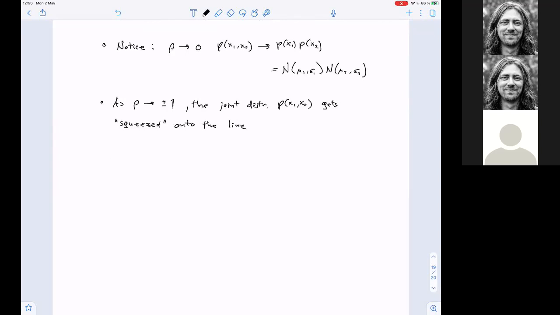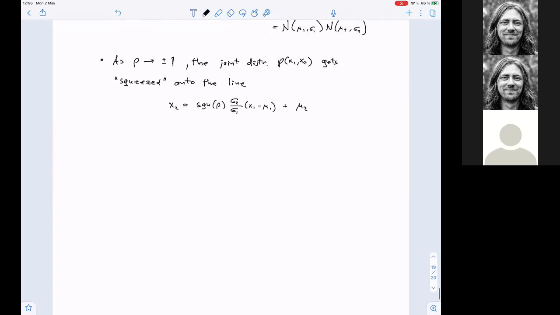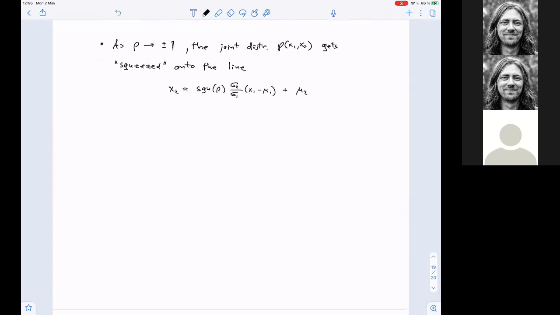And that particular line is given by x2 equals the sign of the correlation times sigma 2 over sigma 1 times (x1 minus mu1), plus mu2. So this is just a straight line through x1, x2 space that this distribution collapses towards once you make x1 and x2 perfectly correlated.